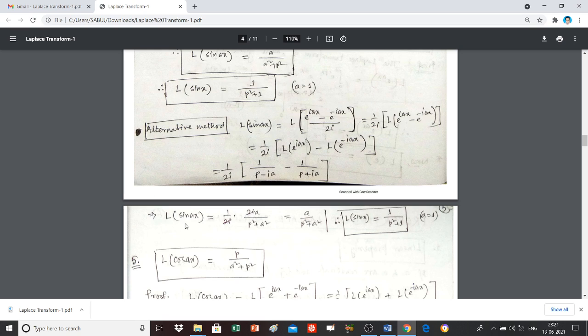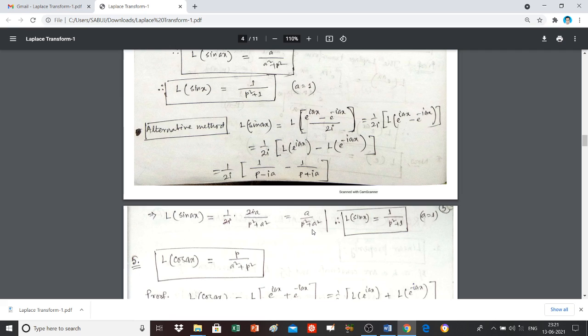So the Laplace transform of sin ax is equal to 1 by 2i, and from here first p plus ia, then minus p minus ia. So p will cancel each other, and from here 2ia will be there. So 1 by 2i into 2ia by p square plus a square, the 2i will cancel each other. So a by p square plus a square.